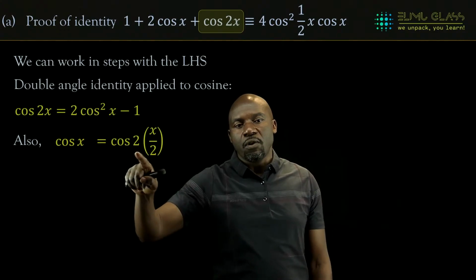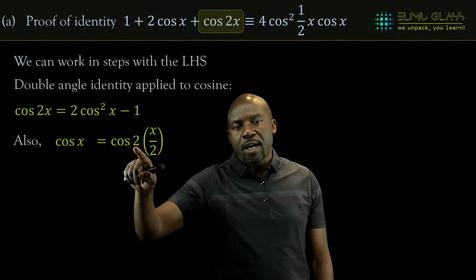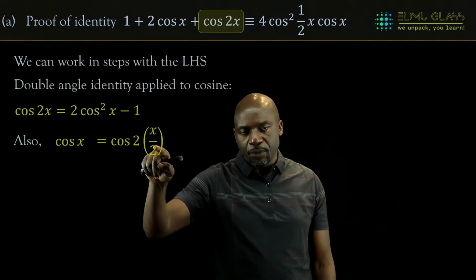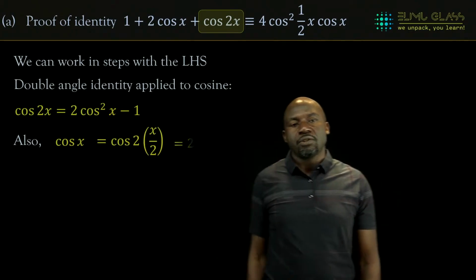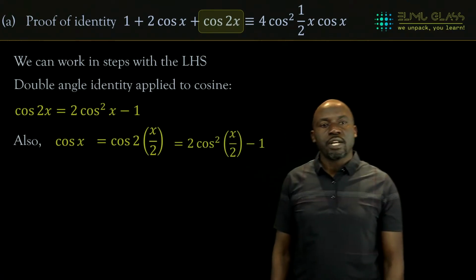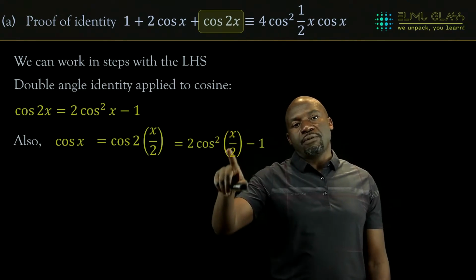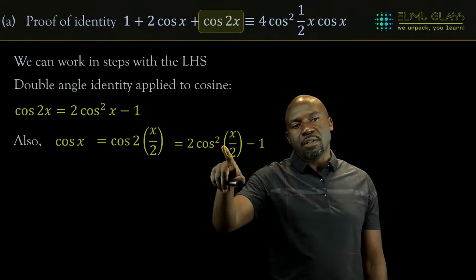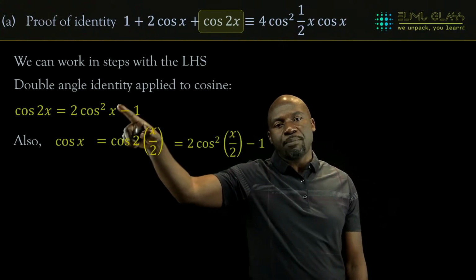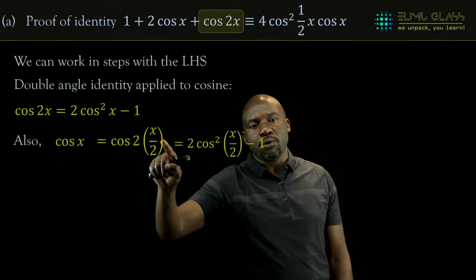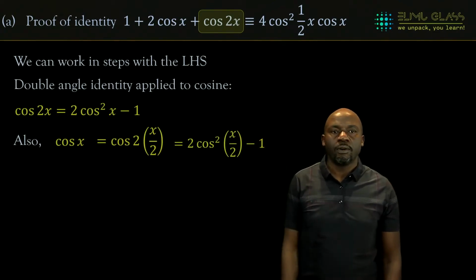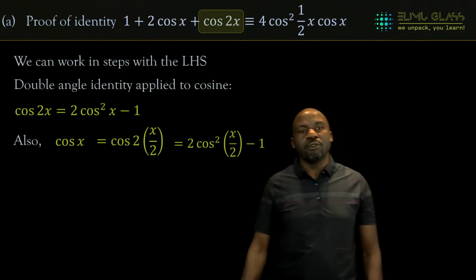Because now I have twice a half angle, I can express this the way I expressed this. So it's going to be 2 cosine squared of x over 2 minus 1. Notice that this is the same as this, except where there is x here, we remove it and put half x. All of this is going to be useful, as you will see.